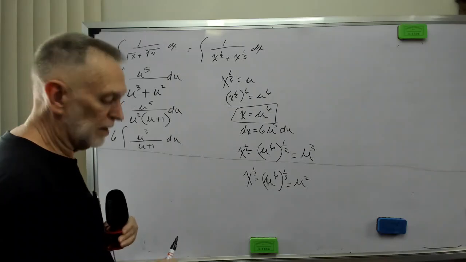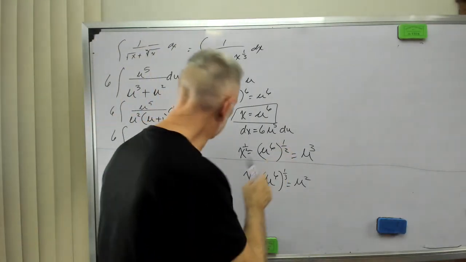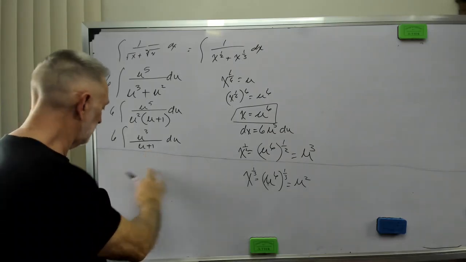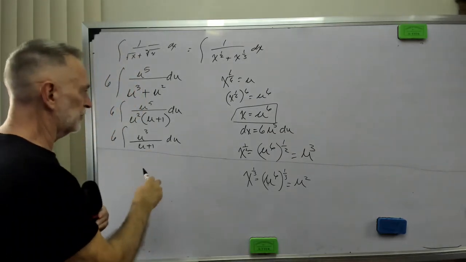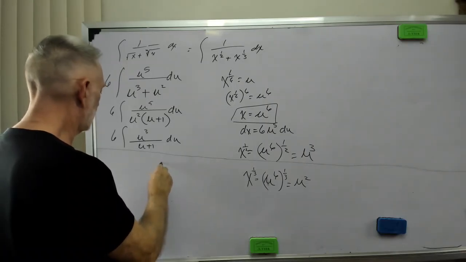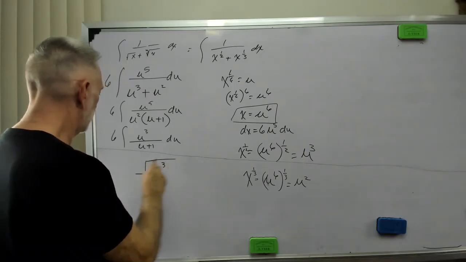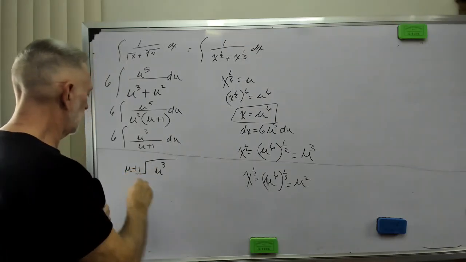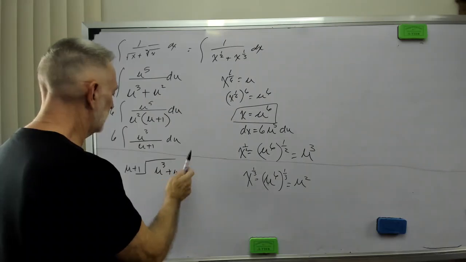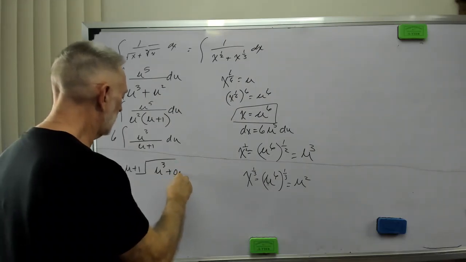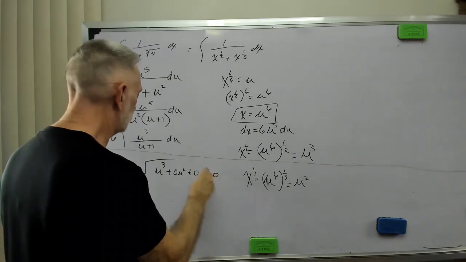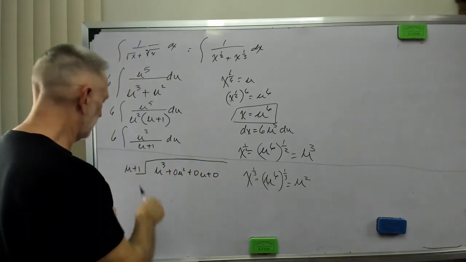Okay, so now let's perform long division on this. I have u cubed divided by u plus 1. Now you'll note this is 0 u squared plus 0 u plus 0. It's only u cubed, right?